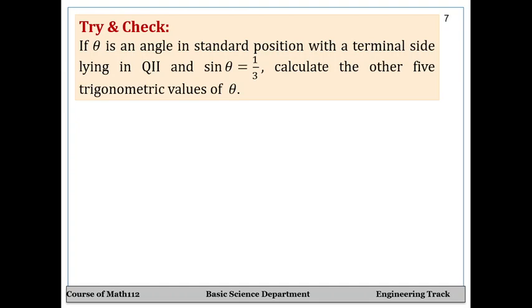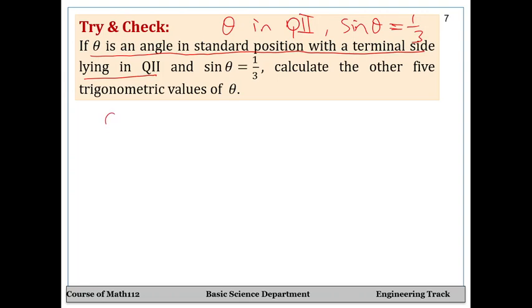Now let's look at this problem here. If theta is an angle in standard position with terminal side lying in quadrant 2, and sine theta is 1 over 3, calculate all 5 trigonometric values of theta. Now let's start with cosine theta.